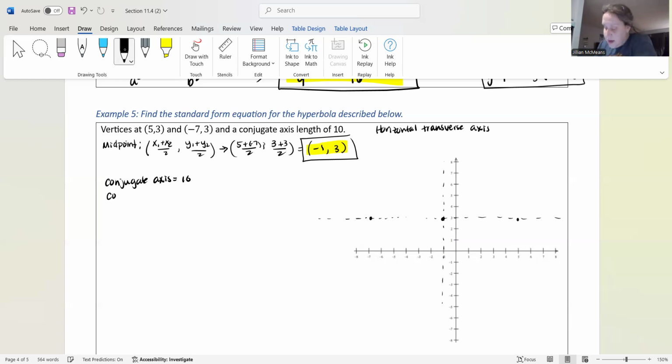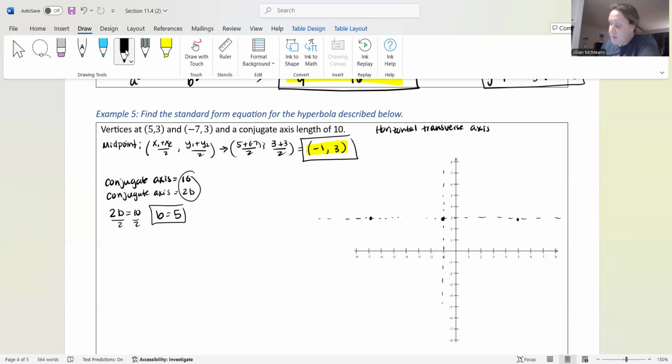So the conjugate axis is going to be 2b. We can set these equal: 2b equals 10. Obviously half of 10 is 5, but we've proven it algebraically. So b is 5. We might need that in a minute anyway.